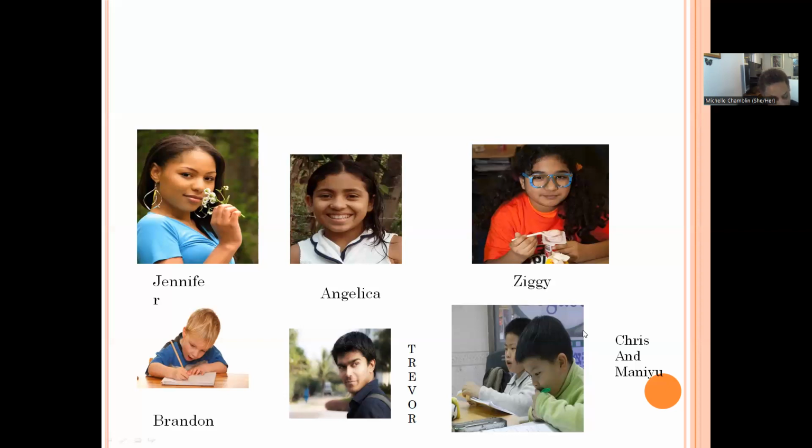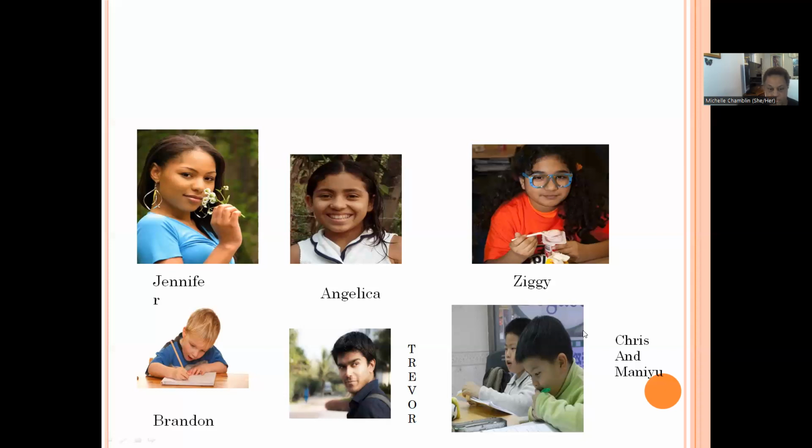And the last one, Chris and Maniu. Chris and Maniu are best friends. They are in a self-contained class for 2nd and 3rd grade in their local school. In their class, there are 12 students, and they have 1 teacher and 2 teaching assistants.